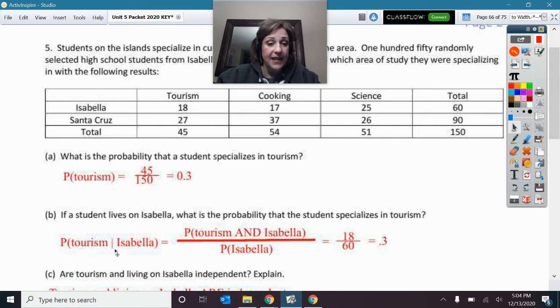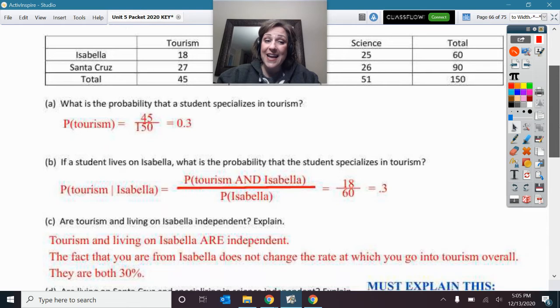So given that the student lives in Isabella, and I like to write this out because then that guides me easily into how I set up my fraction. So out of all the Isabella portion, so all of the Isabella is the 60 there in Isabella, and then the tourism and Isabella is the 18. So that's how we get that.